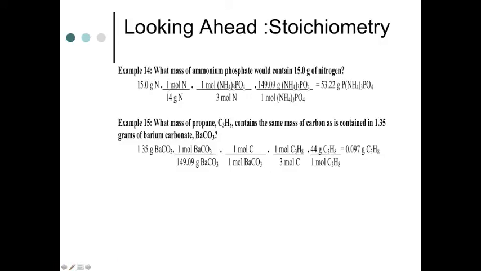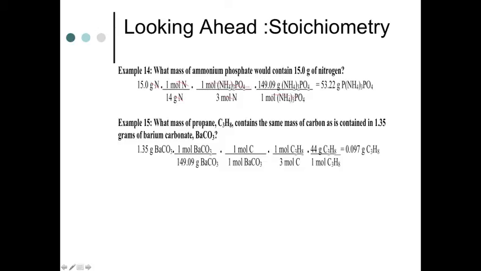So I have 15 grams of nitrogen, and 14 grams of nitrogen is 1 mole of nitrogen, and 3 moles of nitrogen is 1 mole of ammonium phosphate, and 1 mole of ammonium phosphate gives me 149.09 grams of ammonium phosphate. And you can see that there's a very similar process occurring here where the units are canceling to get me to whatever unit I need for my final answer.